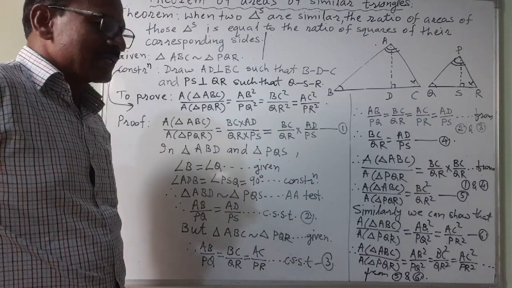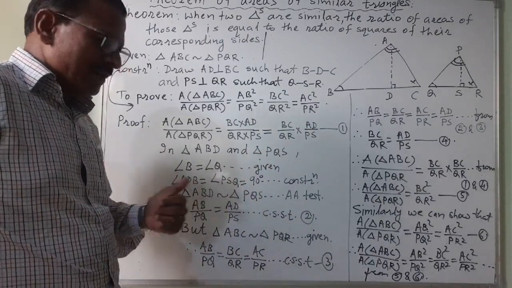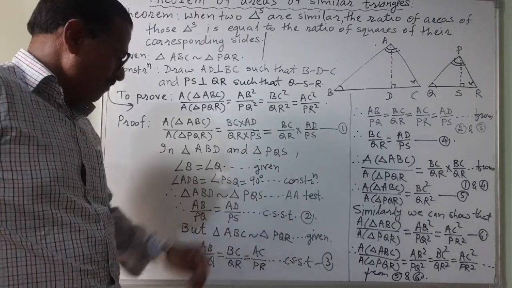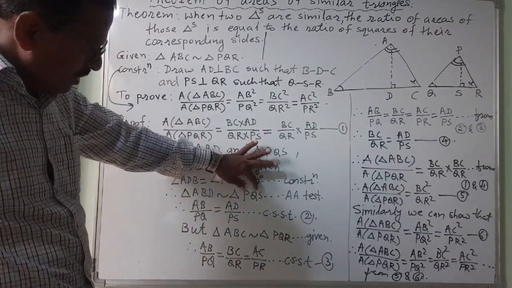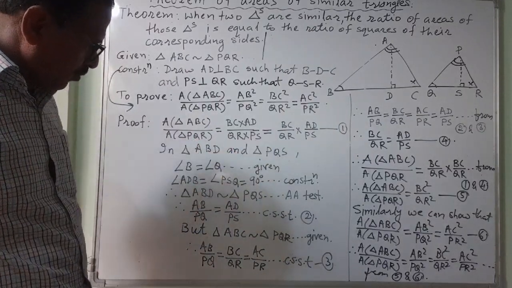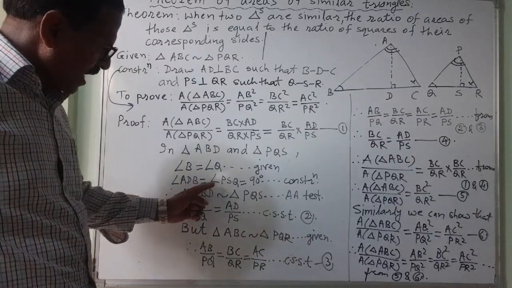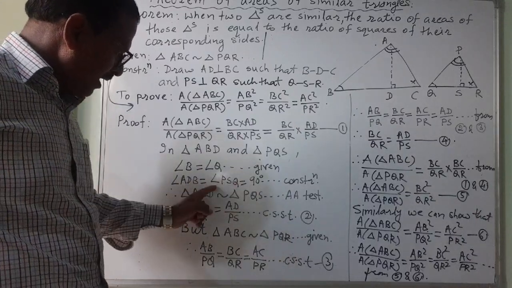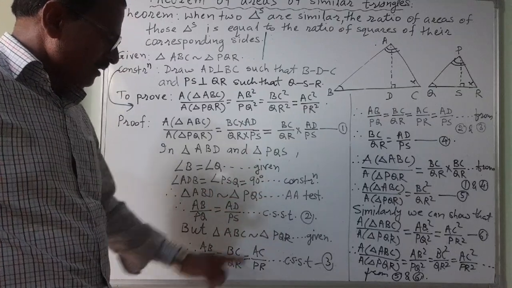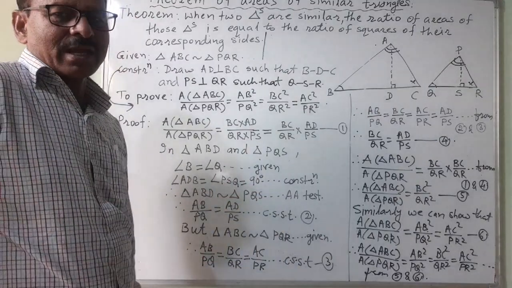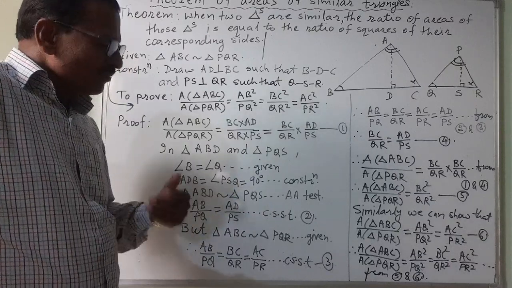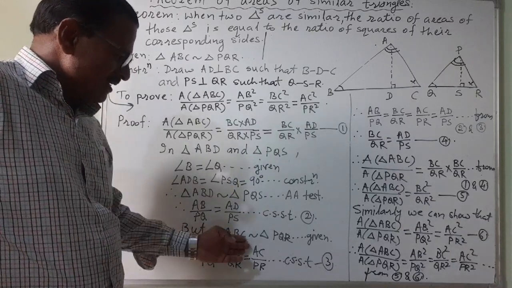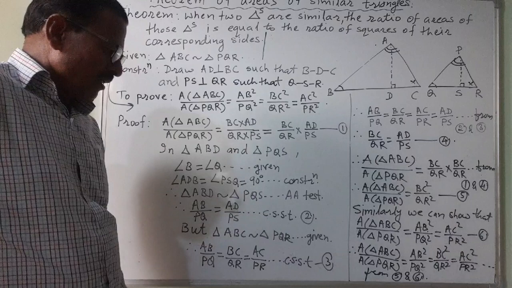If these triangles are similar, then the ratio of the corresponding sides would be the same. Therefore, AB upon PQ is equal to AD upon PS. These are the corresponding sides of similar triangles, given number 2. But we are given that ABC is similar to PQR.